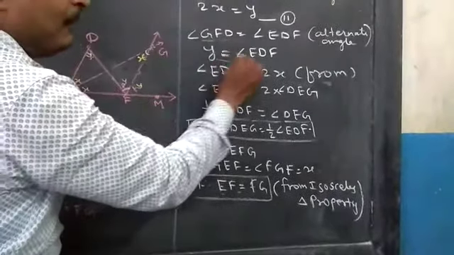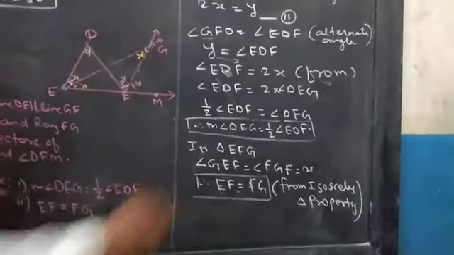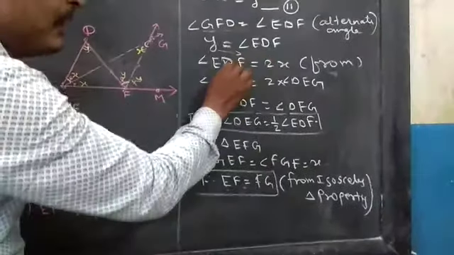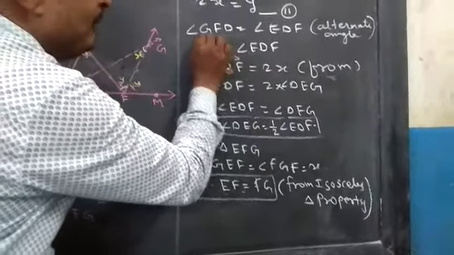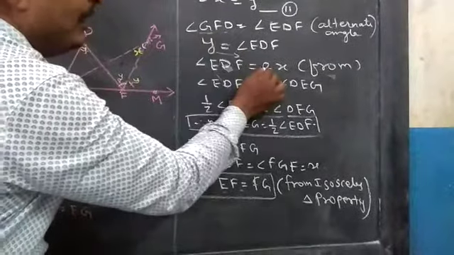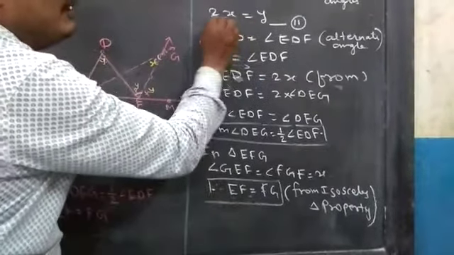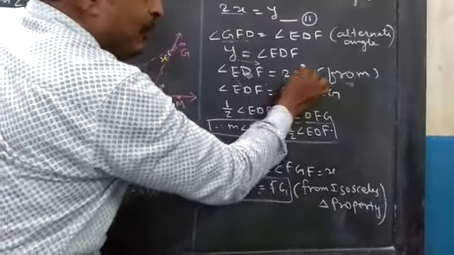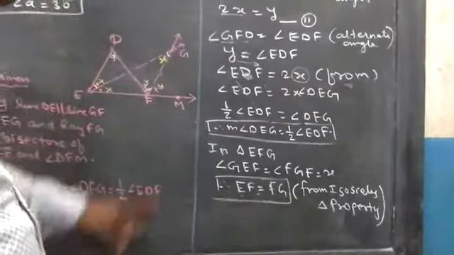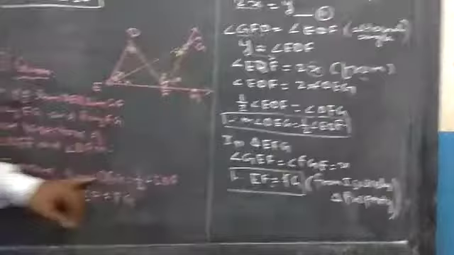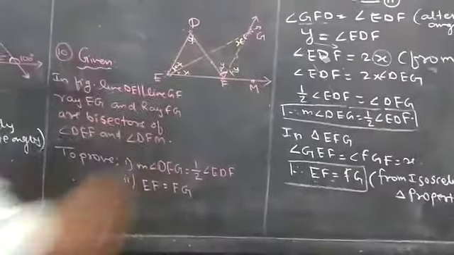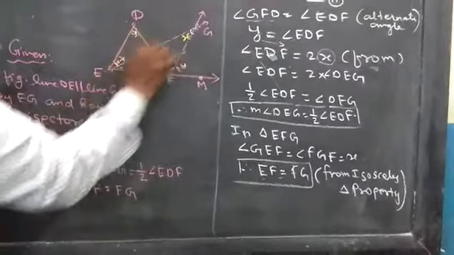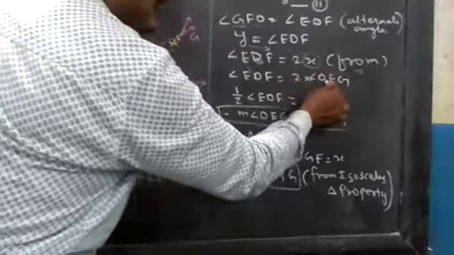अब बताइए GFD, आपके असम्पशन के हिसाब से ये y है। मैं इसको वैसे ही लेता हूँ क्योंकि मुझे प्रूफ करना है यहाँ पे EDF। मुझे EDF की जरूरत है, मैंने इसको वैसे ही यहाँ पे रख दिया। लेकिन आप देख सकते हो ये जो GFD है, जो y है, इस y की वैल्यू किसके इक्वल है? 2x की। मैंने यहाँ पे वैल्यू क्या पुट कर दी? 2x। और ये जो x है, ये x मतलब आपका क्या है? आपको यहाँ जरूरत है DEG की। तो देखो, ये भी x है और ये भी x है, मुझे यहाँ पे जरूरत है DEG की। तो मैंने इस x की जगह पे क्या ले लिया?